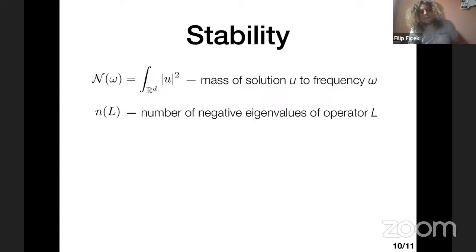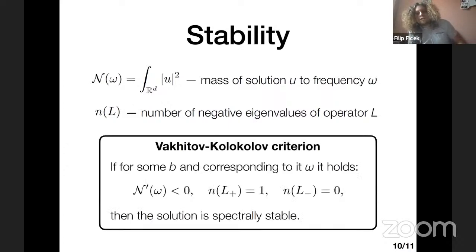And having these two things in mind, we can formulate the Vakitov-Kolokov criterion, which says that if we have some ground state of frequency omega, and changing this frequency of this ground state changes the mass of the solution in a way that the derivative is negative, and then additionally, if for this solution the operator L plus has exactly one negative eigenvalue and L minus has no negative eigenvalues, then the solution is spectrally or linearly stable.